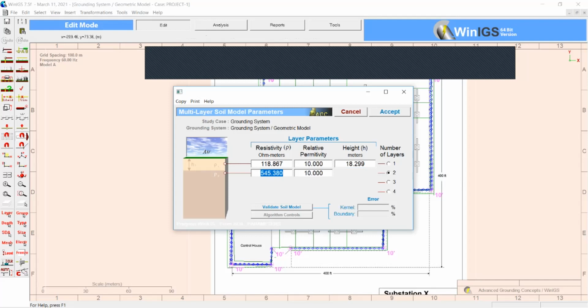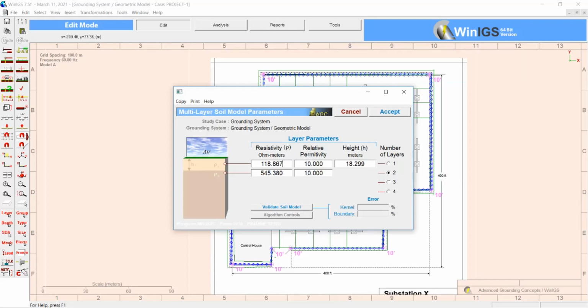These 10, don't change, but for the height, put the average height, whatever you have. So everyone should have those three values: average top layer soil resistivity, bottom layer soil resistivity, and the thickness of the top layer. Where do we put the tolerance? Tolerance, don't put for now. Keep it.